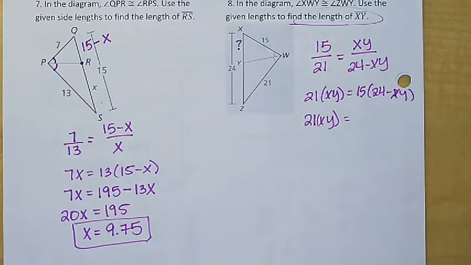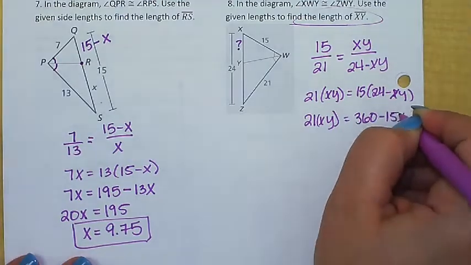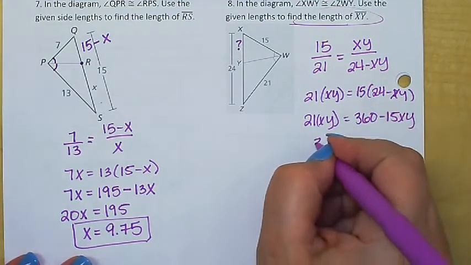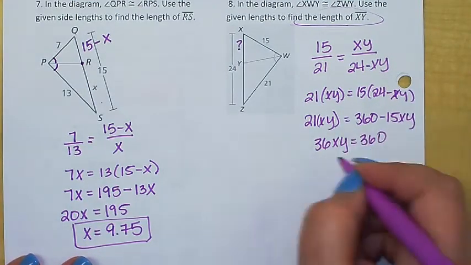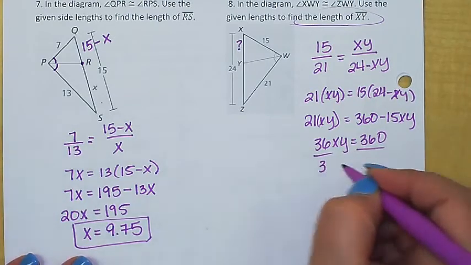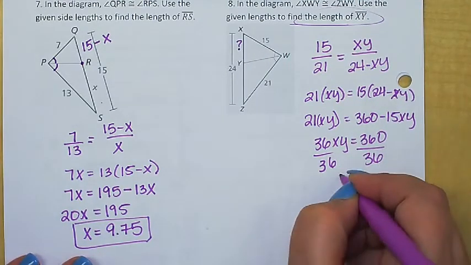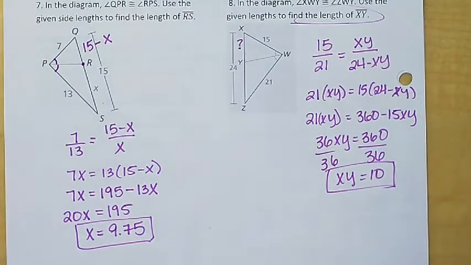I'm pretty sure it is. 15 times 24, yep, 360. And we distribute that, and then we add the 15 over. That happens to be 36 times this, equals 360. And now you can see it's going to be really easy. When we divide here, we find out that the length of XY must just be 10. Okay, so that sets that one up.